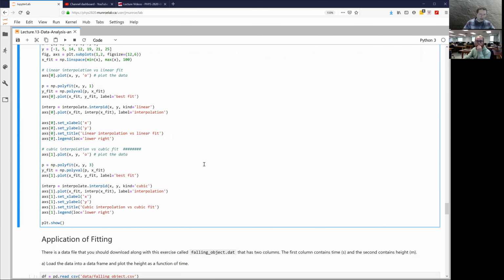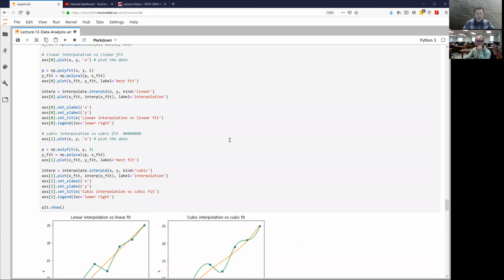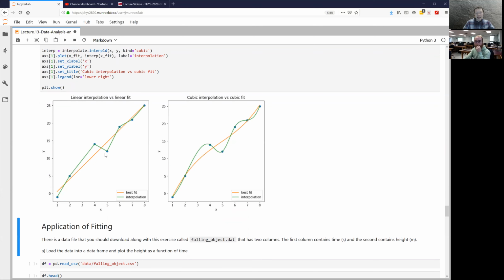Here is some data, and how it works isn't important. I want to focus on the plot. The blue dots are the data. A linear interpolation would be to take each pair of points and draw a line that goes through them. This is the default in a lot of graphing programs.